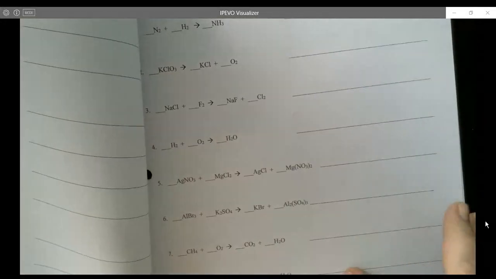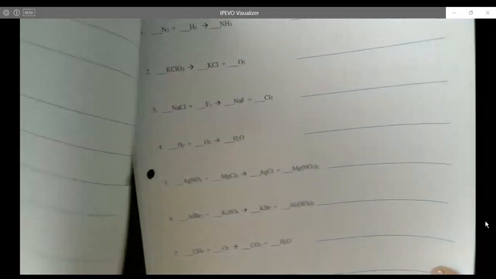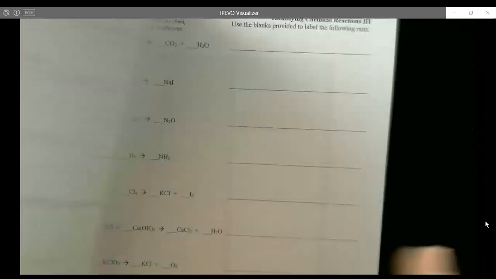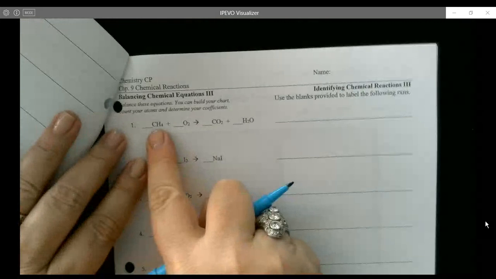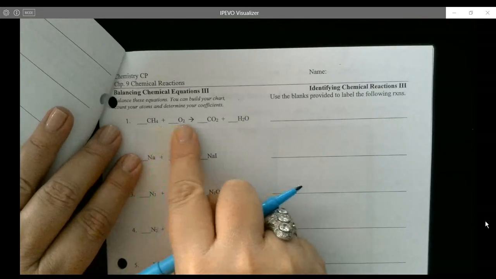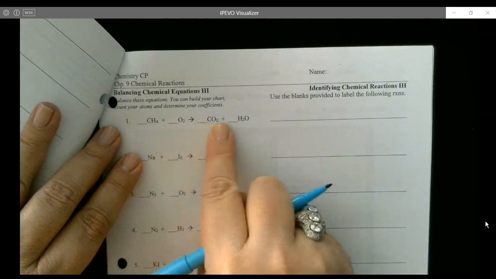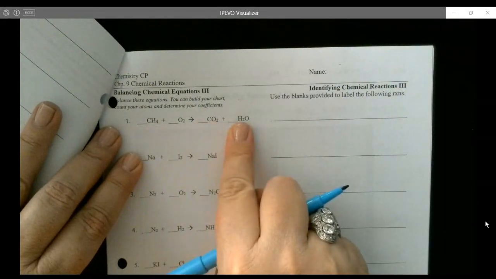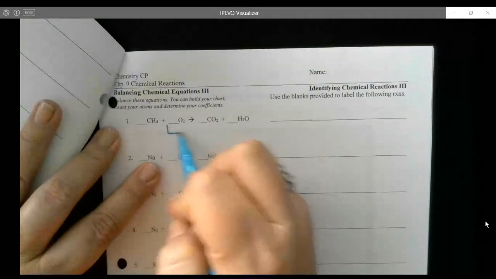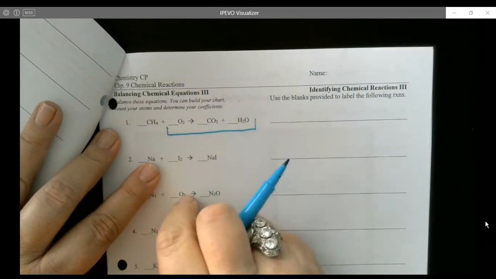So if we flip over to, let's say, the third sheet, Roman numeral 3, we see CH4 plus O2 yields CO2 plus H2O. Here is a classic combustion because these items are always going to be the same.